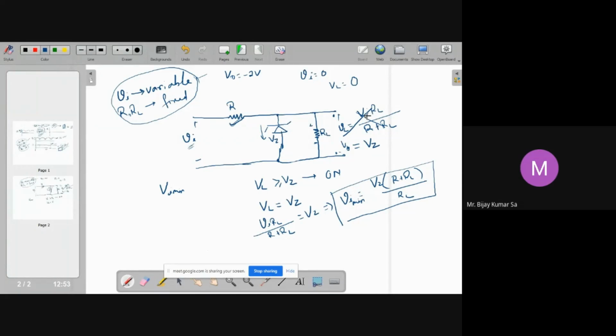When you have some VI which is more than VI minimum, then of course VL is greater than VZ, and that has to turn the diode on again. So for any VI greater than or equal to VI minimum, this zener diode will be turned on in the reverse direction.